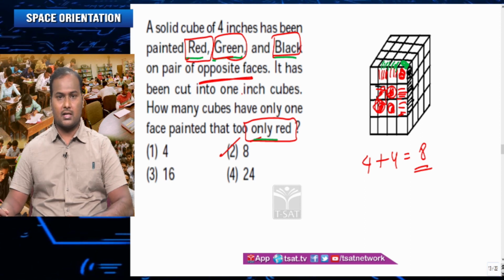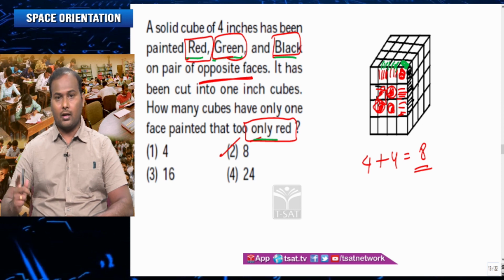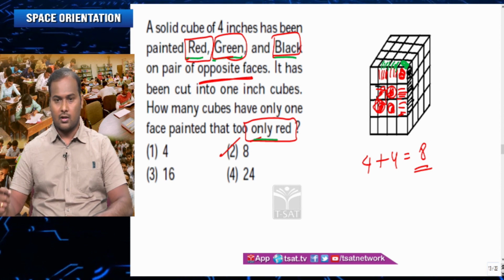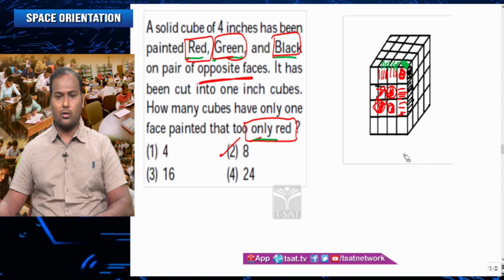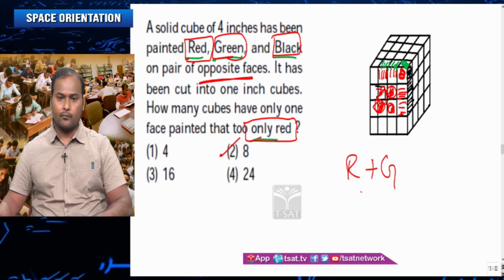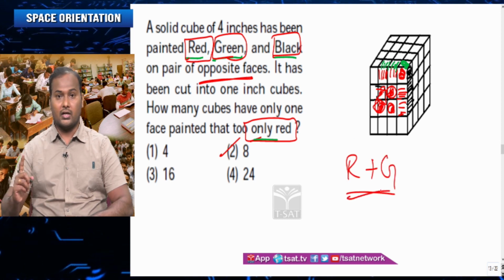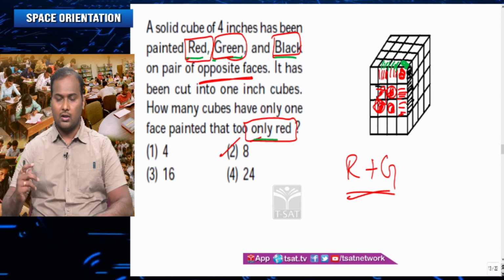If the same question is asking how many cubes with only red and green. If the question is like this: how many cubes with only red and green? When it's talking about only 2, the 2 with red and green, now you have to take always edges, because on edges we have 2 colors, on corners we have 3 colors.